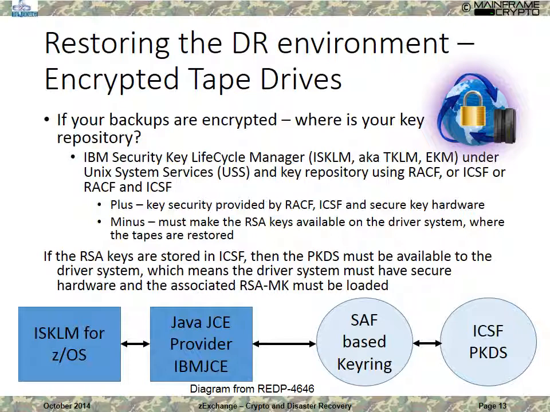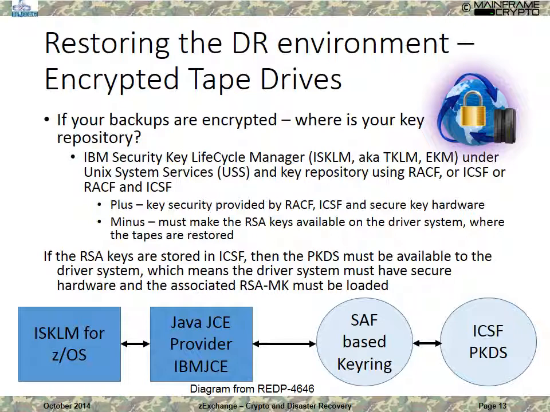And then if you're using RACF and ICSF, you're going to have both of them available. The certificate information is stored in the RACF database, but the actual key value is going to be stored in ICSF, just as if RACF wasn't involved at all.